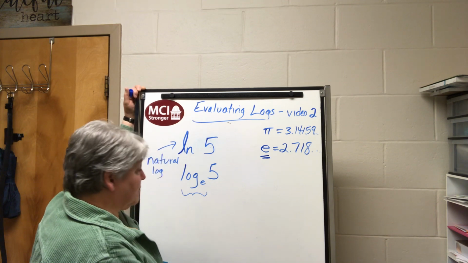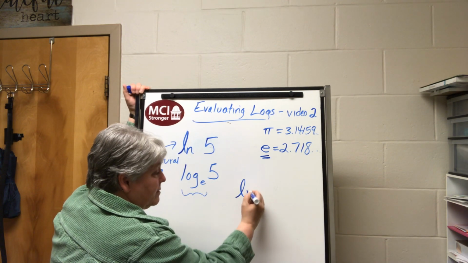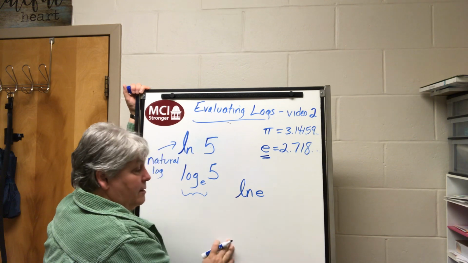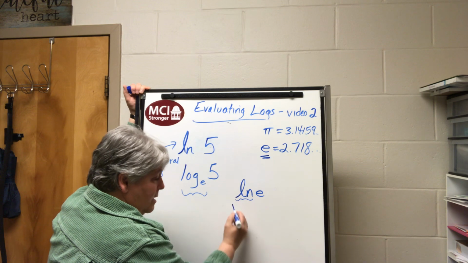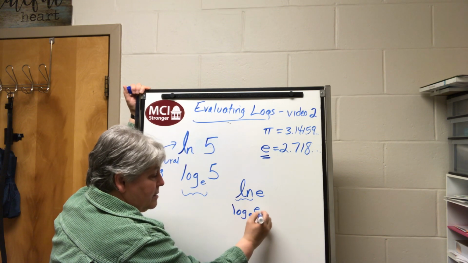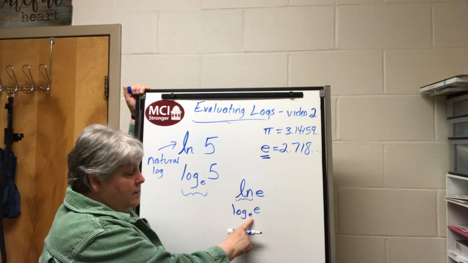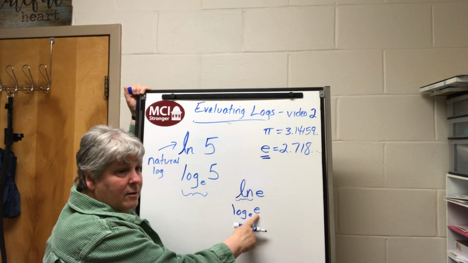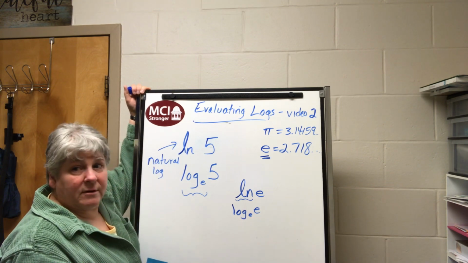Okay, so let's look at a couple of natural logs that I can evaluate. This means L-O-G, little e of e. What power do I raise e to land on itself? Well, what power do I raise 7 to land on 7?